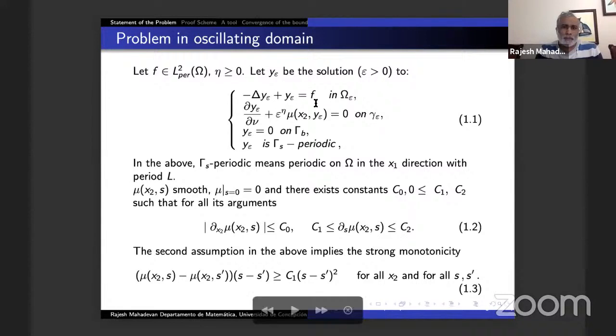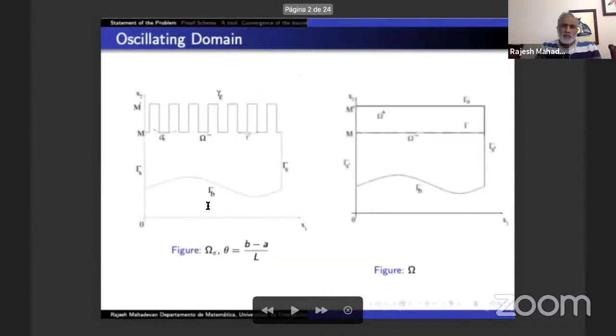I'm sorry, I pressed on something and it's moving by itself. And you have a nonlinear Robin condition on the oscillating boundary. On the lower boundary, we just assume a Dirichlet condition, but on this oscillating part, you have a nonlinear Robin condition.